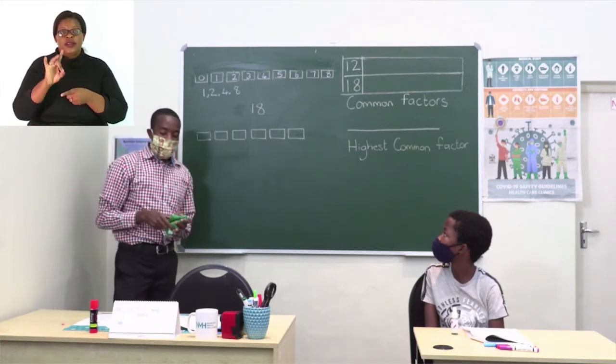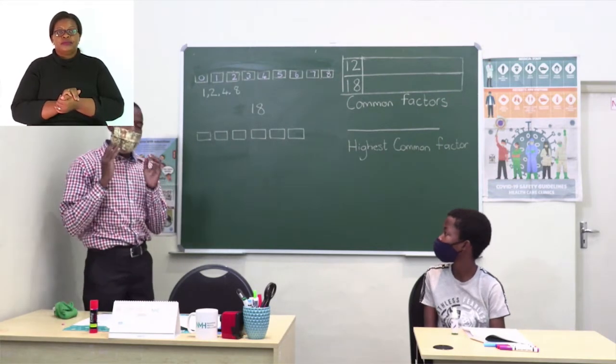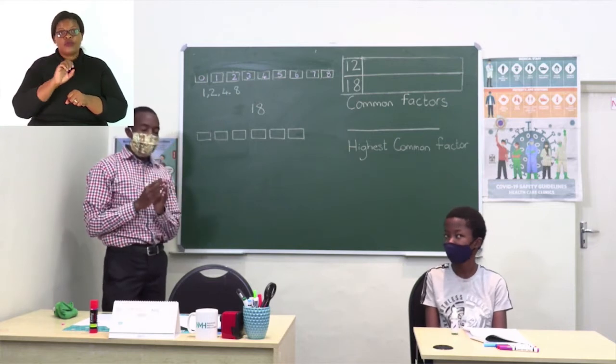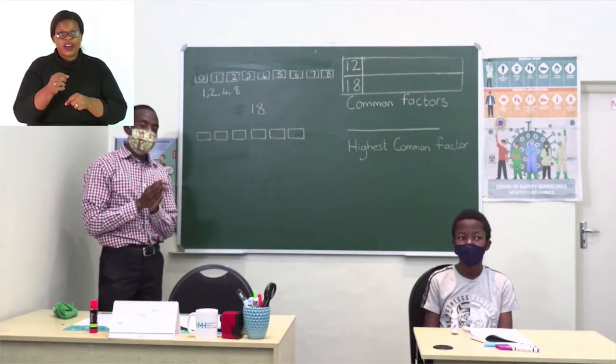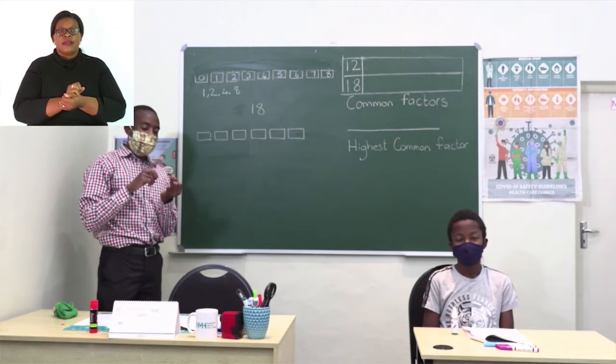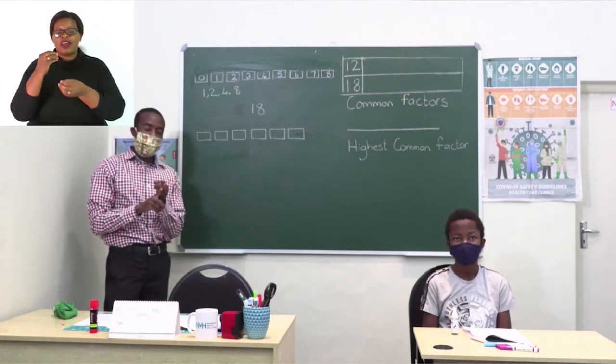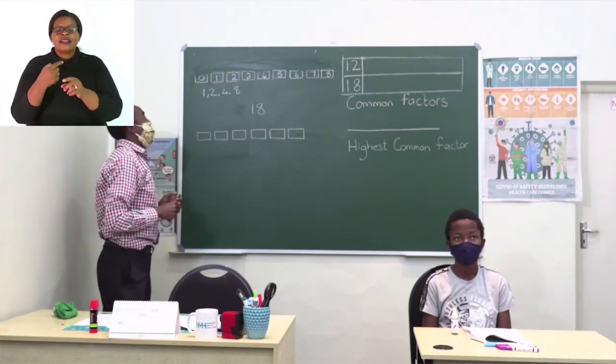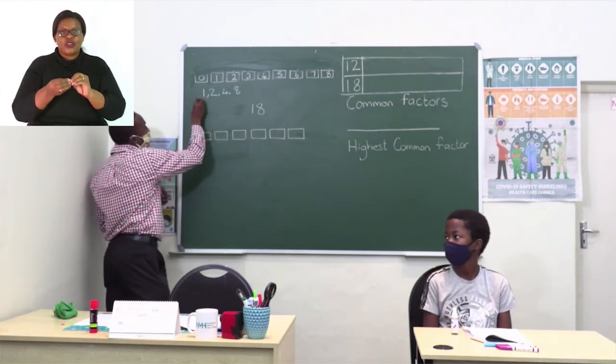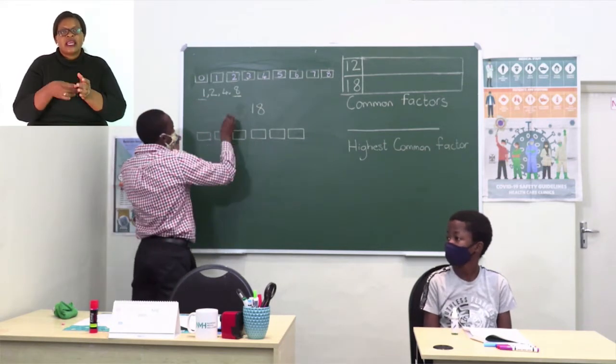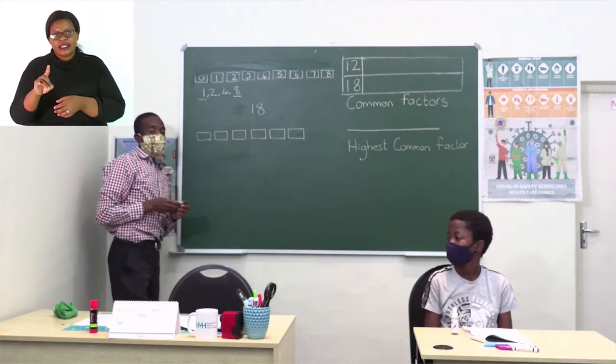All right? Matter of fact, whenever you are asked to find factors, 1 and that number itself is always a factor of that number. What I mean, 1 and 8, they will always be there.